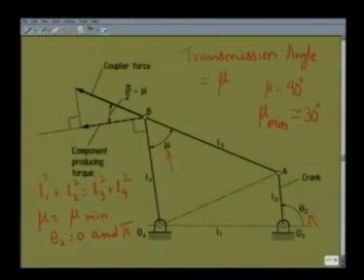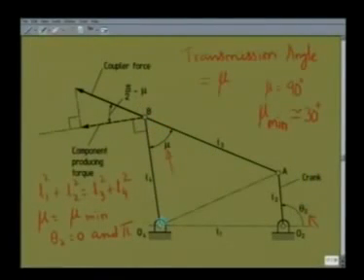To get this result that mu attains its minimum value for theta 2 equal to 0 and pi, if there is no quick return, that is this L1 squared plus L2 squared is equal to L3 squared plus L4 squared, this relationship holds good. It is very easy to show if we consider the length O4A. O4A I can write in terms of L3, L4 and mu.